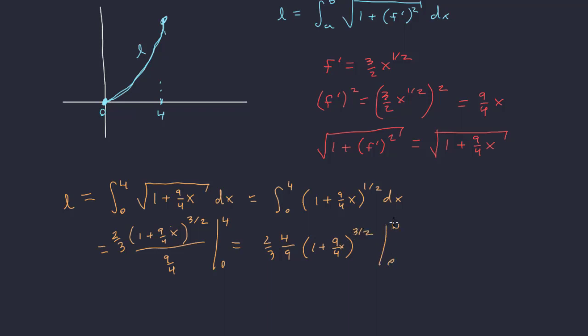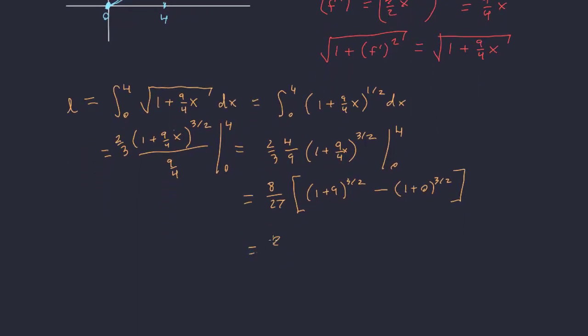And then we will plug in the 4 and the 0. All right, so this will give us 8/27. I'll plug in the 4. Well, the 4, all that's going to do is just cancel that. So we'll have 1 plus 9 to the 3/2 minus, now we got to be careful when we plug in that 0, that just zeroes that out. So it'll be 1 plus 0 to the 3/2.